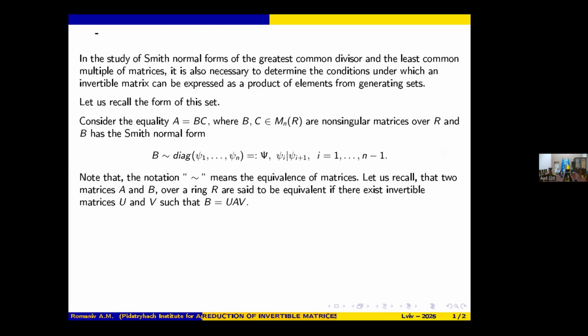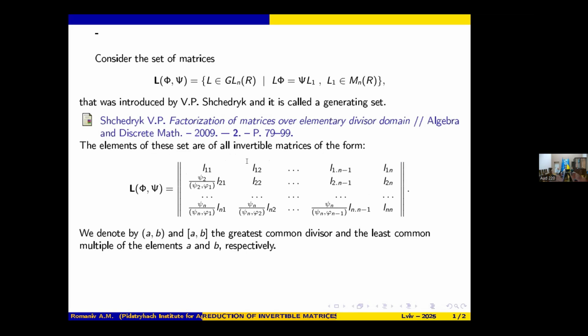In the study of Smith forms of greatest common divisors and least common multiples, we use the decomposition of an invertible matrix as a product of elements from a generating set. Consider the equality, where matrix B has a diagonal form. Consider the set of matrices where matrix L is invertible and matrix L1 is not invertible.